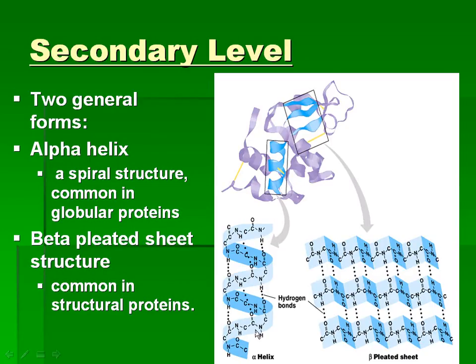Okay, and hydrogen bonding is a weak bond. If you remember, it's represented by a dotted line. And as you can tell, this hydrogen bond is occurring between what we call polar parts of the structure.